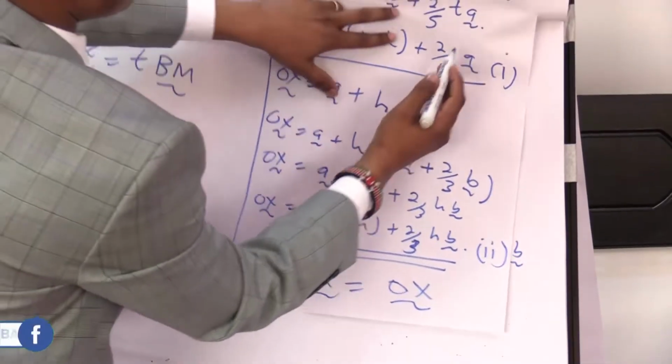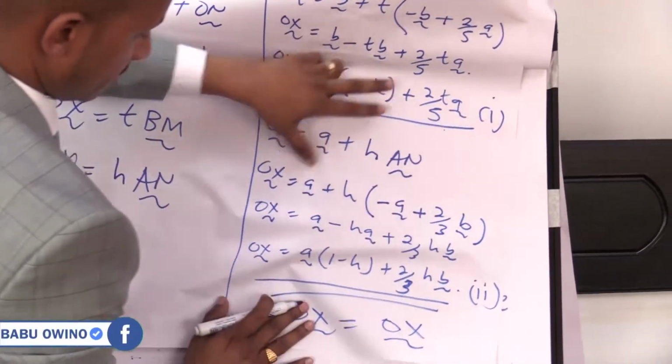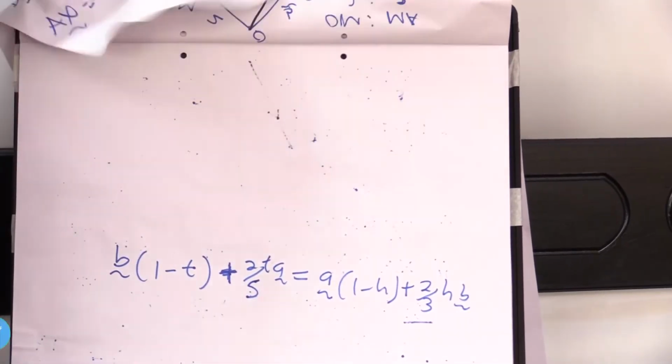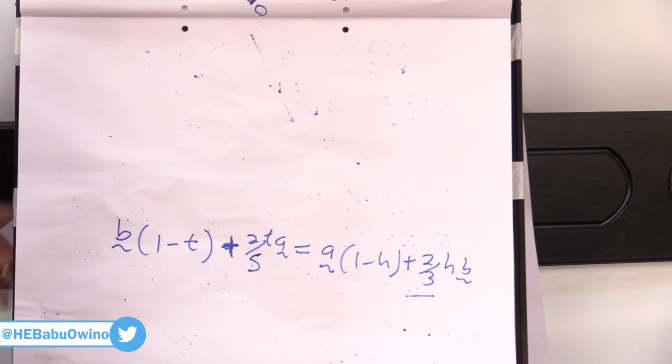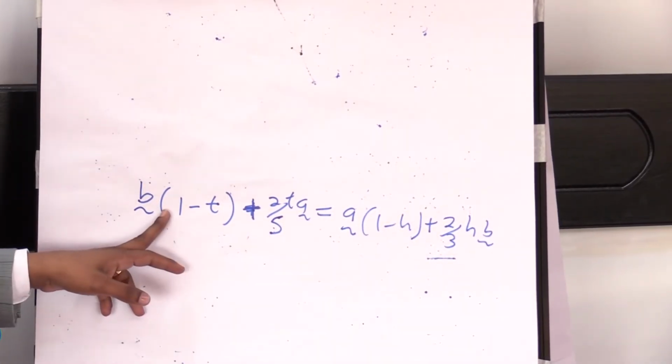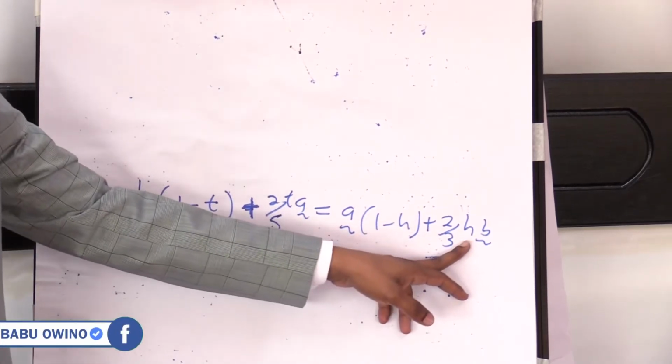So when you have that, you equate them. Therefore, the value of B on this side equals the value of B on the other side.